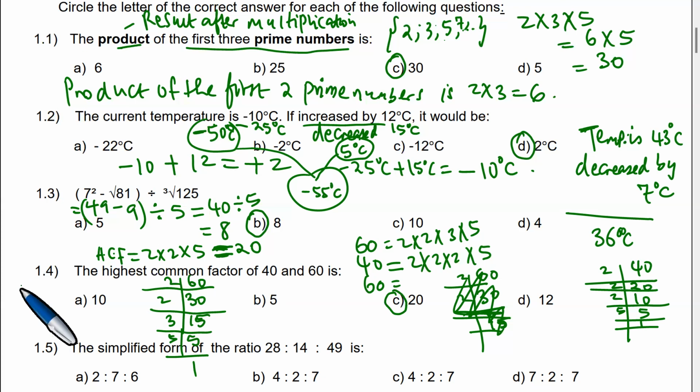What is the highest common factor of 6 and 12? HCF of 6 and 12.